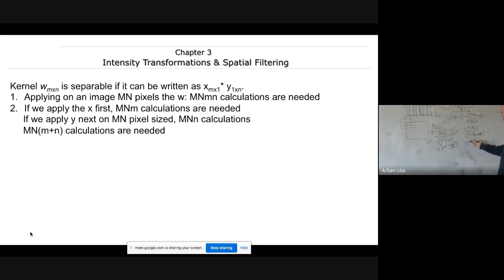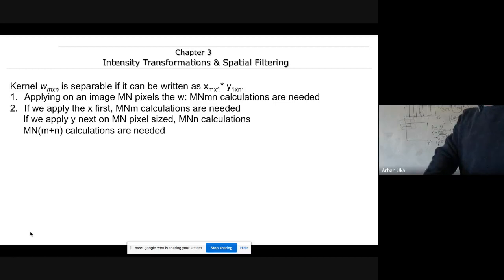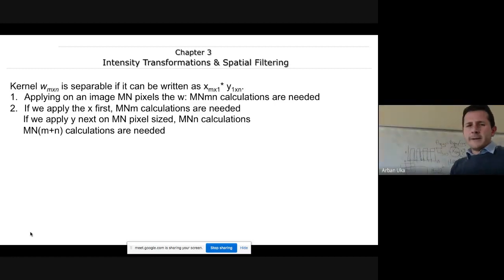This is 10 to the power 6 times n times n, which is 3 times 3, around 10, over 10 to the power 6 times (3 plus 3), 6, almost 5. So this is approximately 2. So we gain a factor of 2 in terms of number of calculations, only if we express one two-dimensional filter into two one-dimensional kernels.